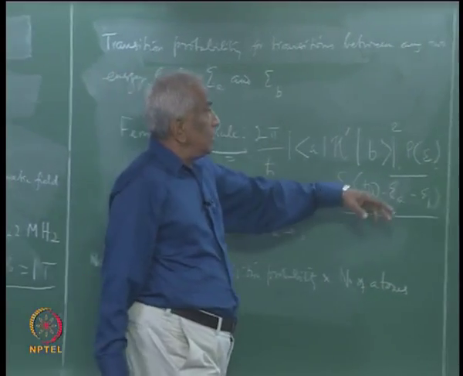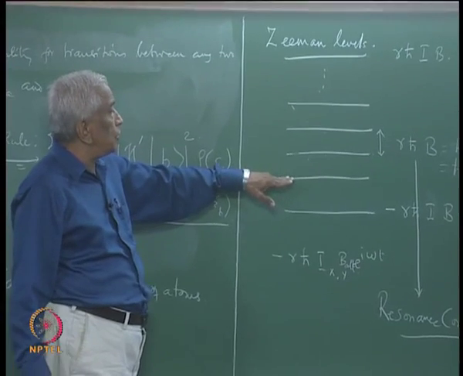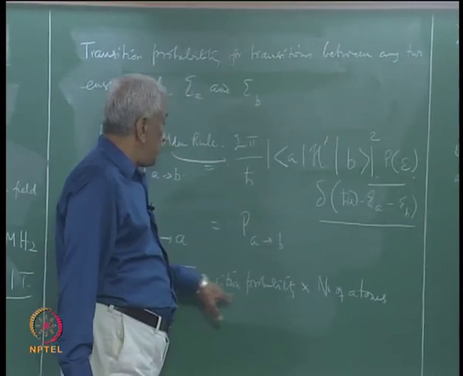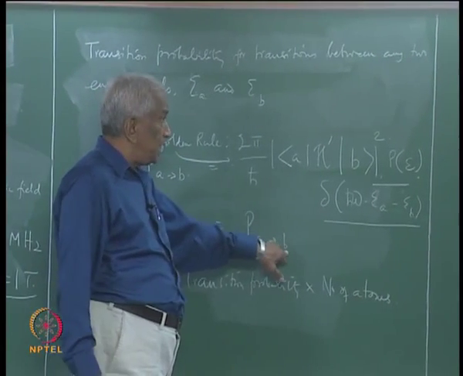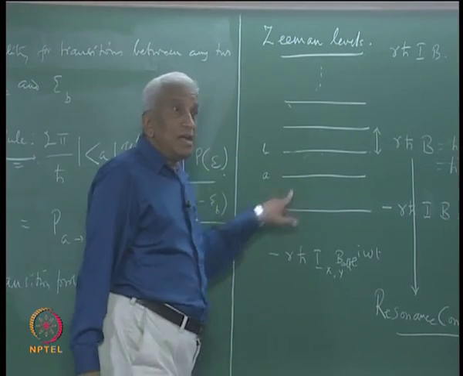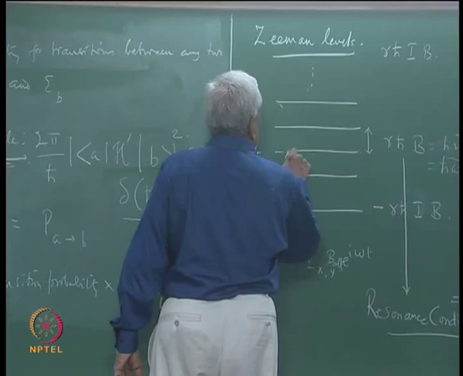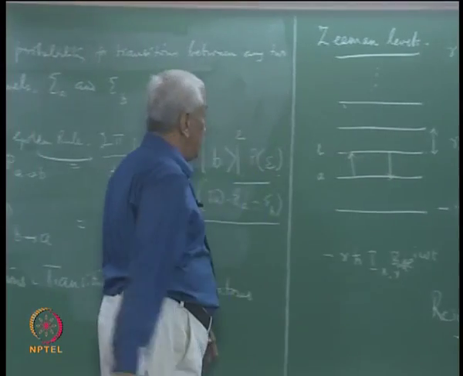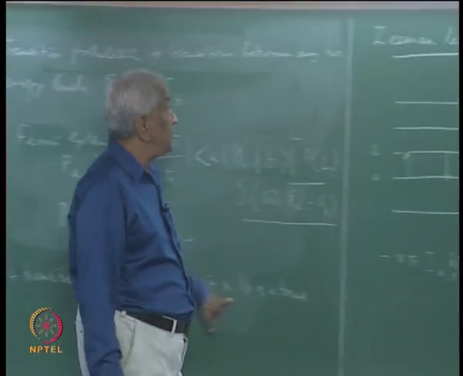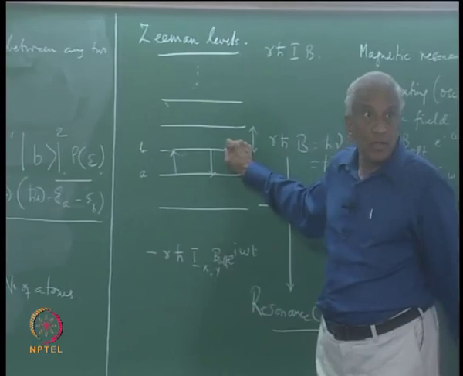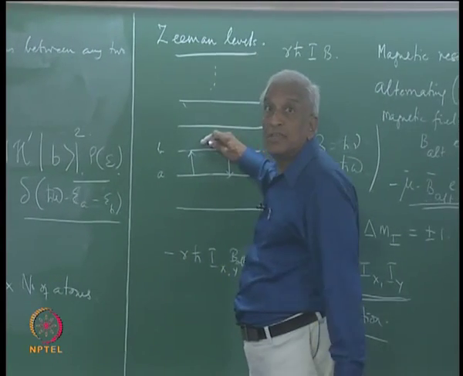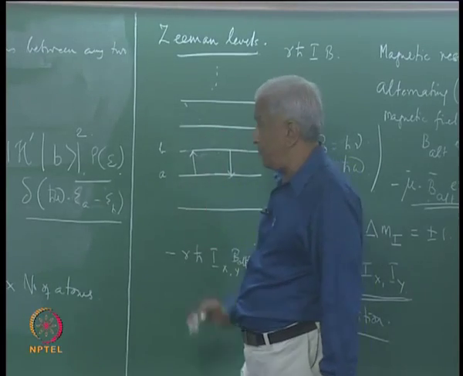So, if we are interested in the transitions, the number of transitions from level A to level B is given by the transition probability P A to B times the number of atoms in level A. Similarly, the number of transitions downward from level B to A is given by the same transition probability B to A times the number of atoms in level B. So, the number of transitions will be equal if the number of atoms in the two states are the same.